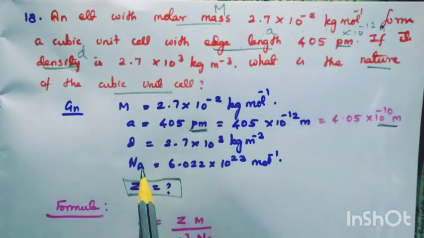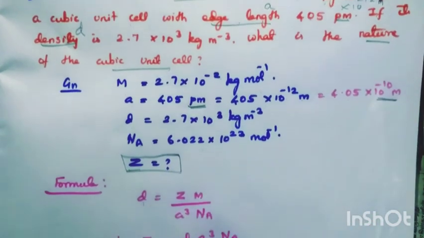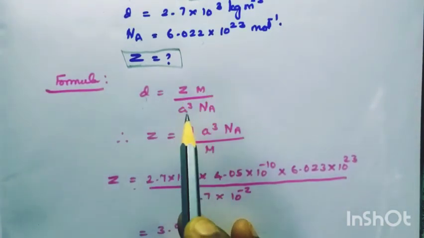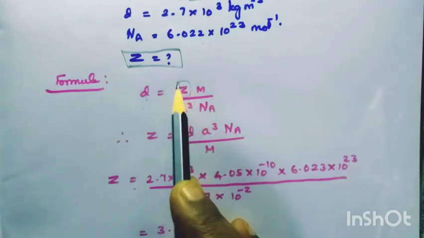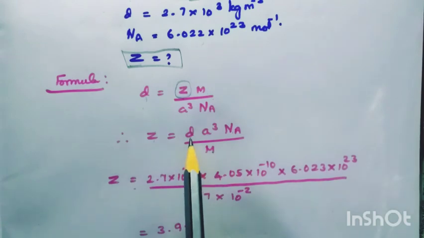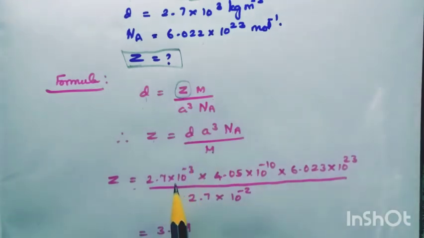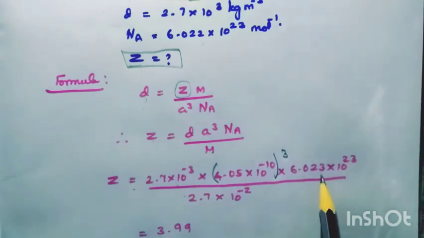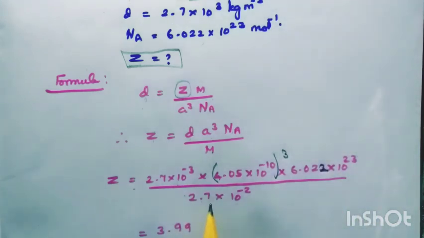Density is given, and this is the Avogadro number. The formula we know is d = ZM/(a^3 N_A). We need Z, so Z = d × a^3 × N_A / M. The density is already given. The a value is 4.05 cubed, and the Avogadro number is 6.022 × 10^23. And the M value is this.